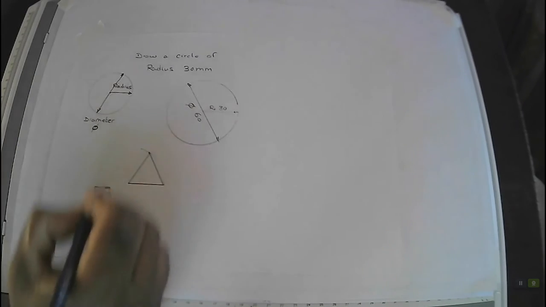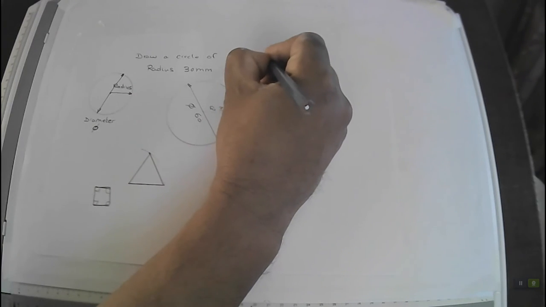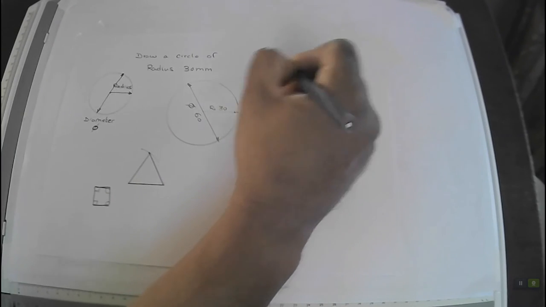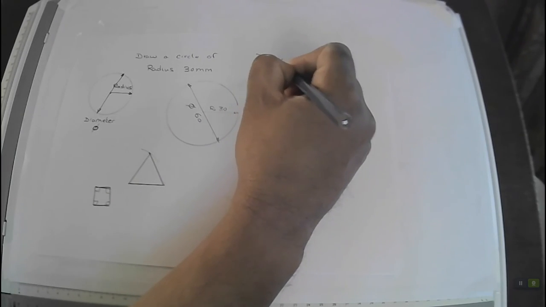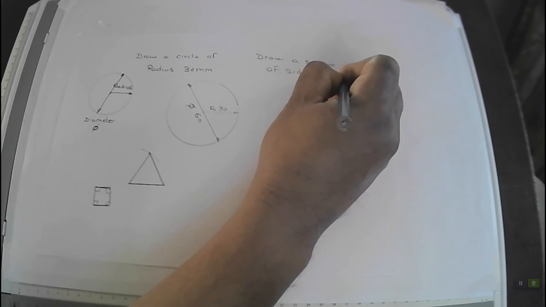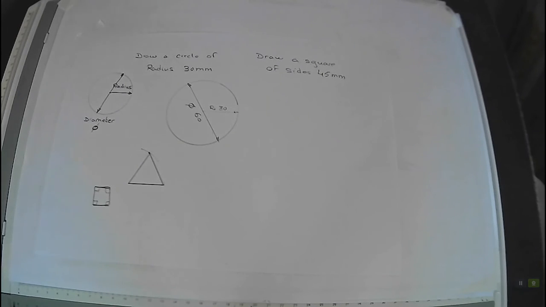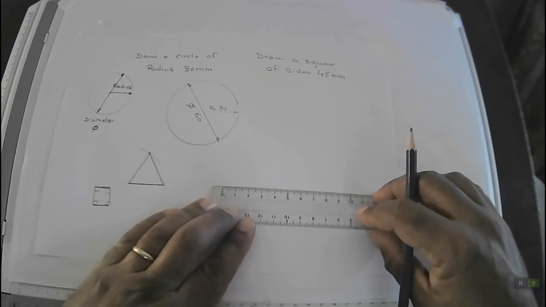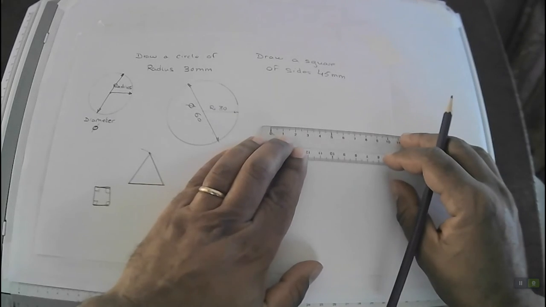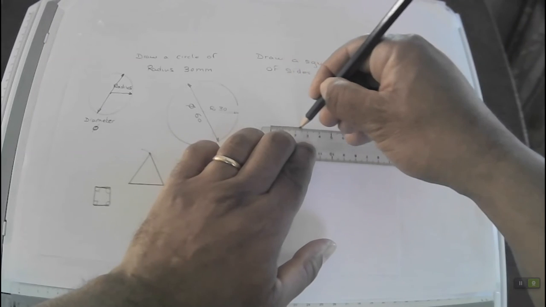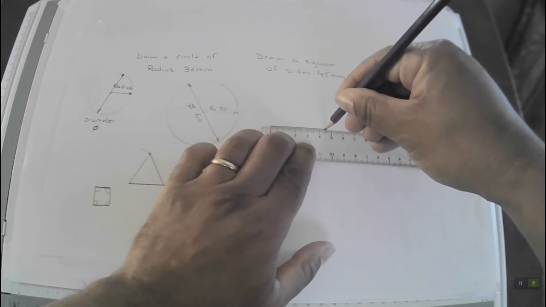If I tell you to draw a square of sides 45 millimeters, first of all I will draw a line having a length of 45, starting from 0 here to 45 millimeters here.